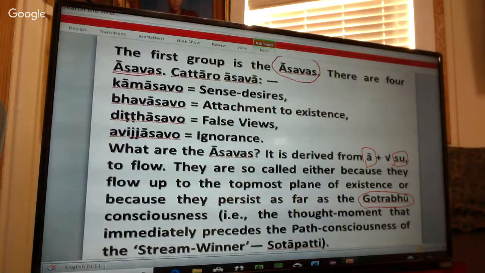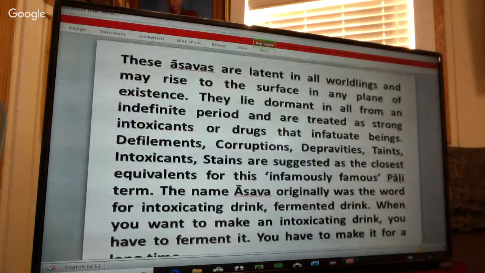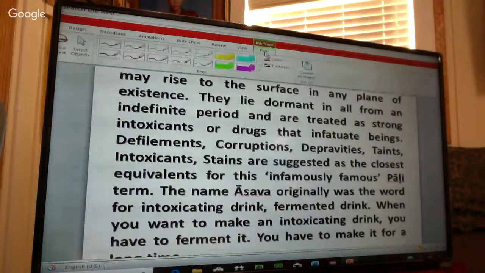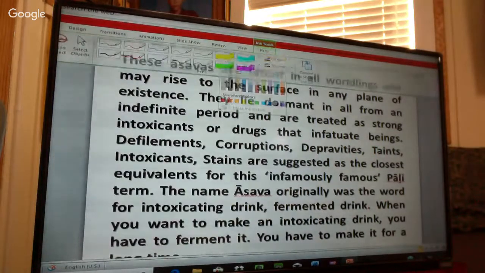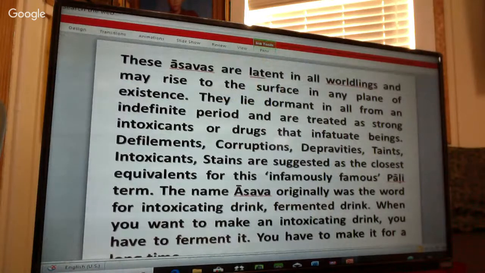Okay, so in a little more detail we will discuss this. These asava lie latent in all worldlings. Worldling means Lokiya Citta, not Lokuttara, not supramundane, but mundane consciousness.